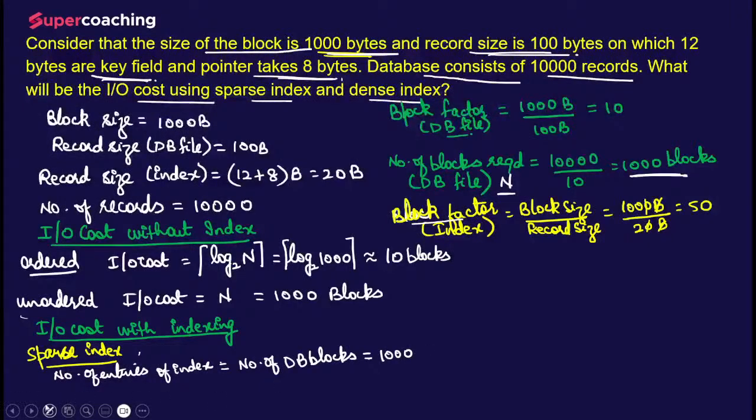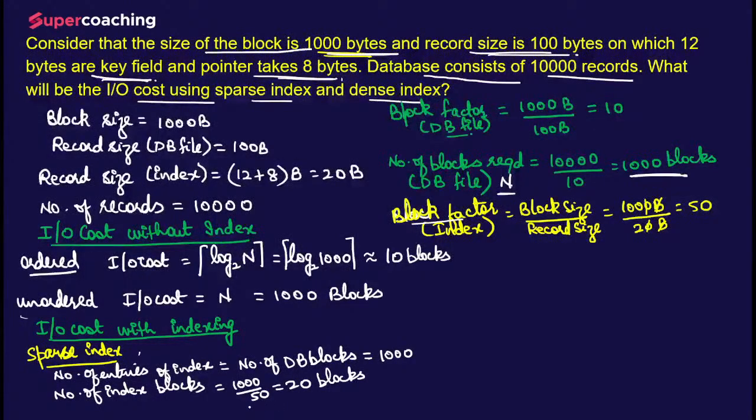On the basis of this, we can find the number of index blocks. One block can hold 50 entries and you have to store 1000 entries. So the number of index blocks will be equal to 1000 divided by 50. That is nothing but 20 blocks.